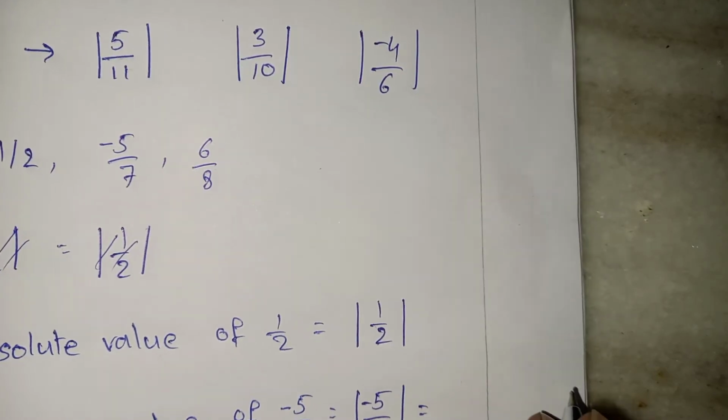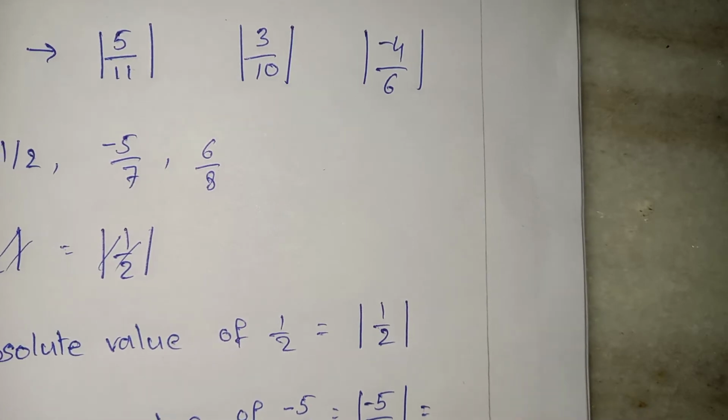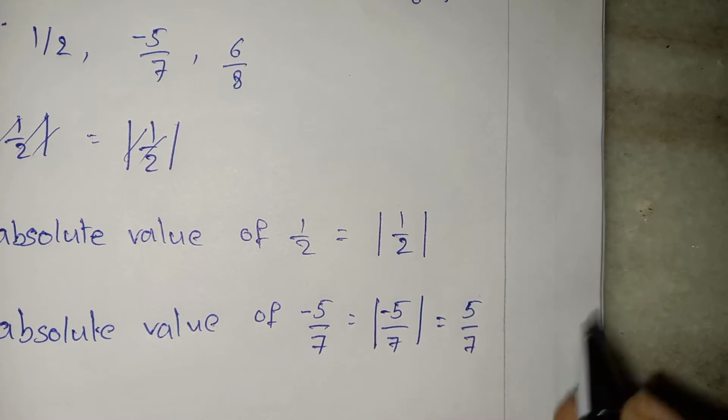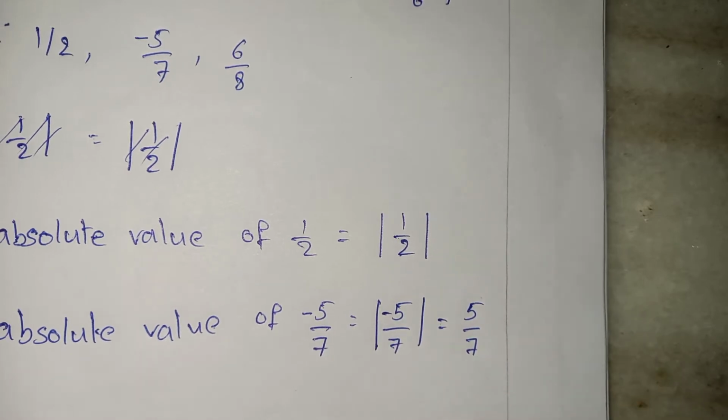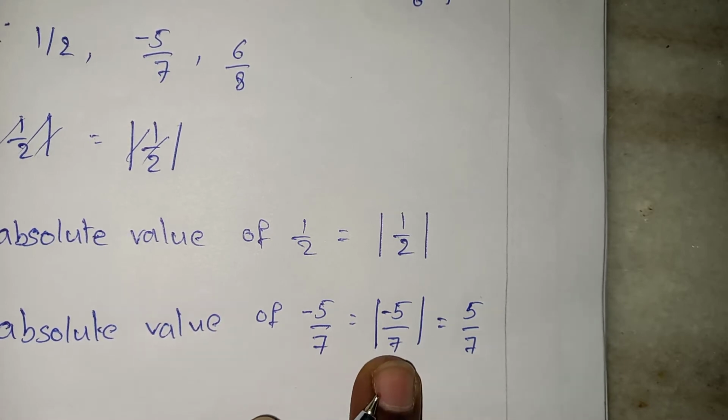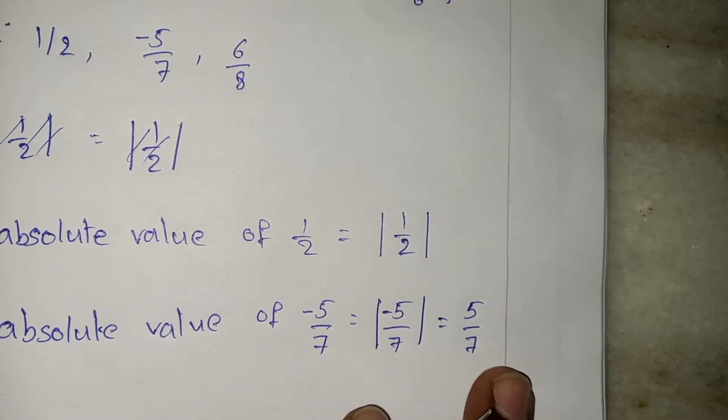The absolute value of minus 5 by 7 will become just 5 by 7. If a negative number is there, after removing the absolute value, the number will be a positive number.